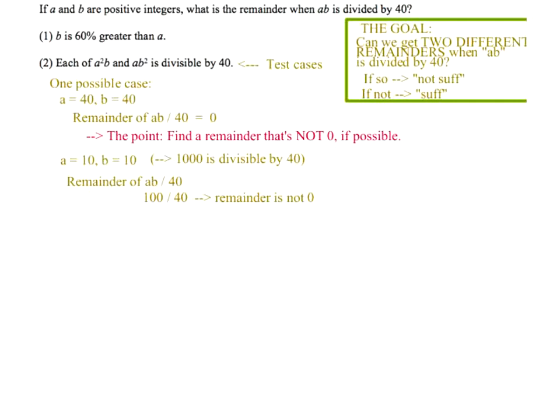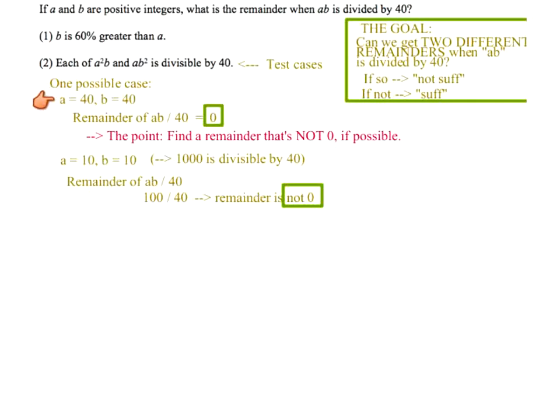So we got a remainder of 0, and we got a remainder of not 0. It might take you a little bit of poking around to find numbers like 10 and 10, but if you have a goal in mind and you realize what you're trying to do is find this, then you'll have time to poke around with a bunch of numbers and see what happens. If you're just throwing random numbers in there, then you might not have time.